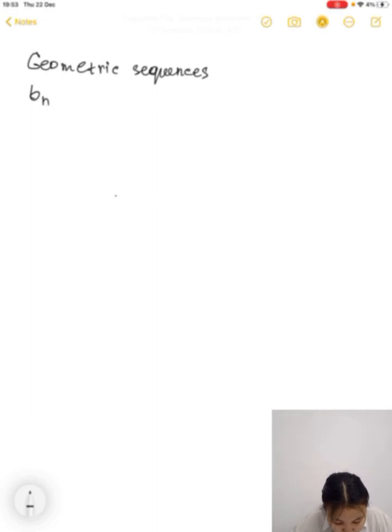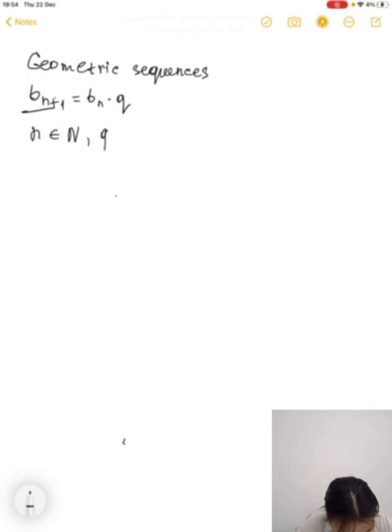In other words, b sub n is a geometric sequence if b sub n plus 1 is equal to b sub n times q, such that n belongs to the natural numbers and q belongs to the real numbers. q is called the common ratio of the sequence.